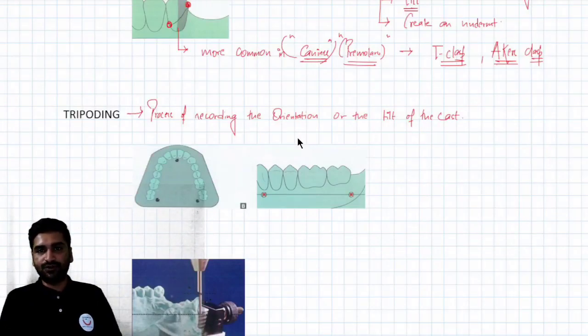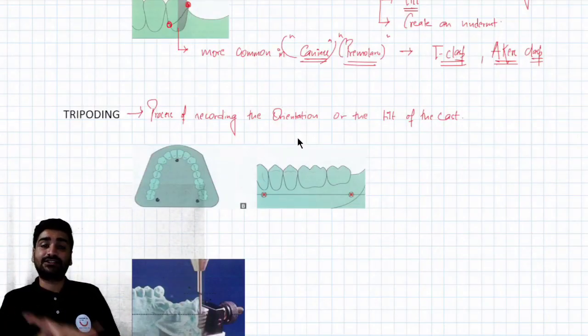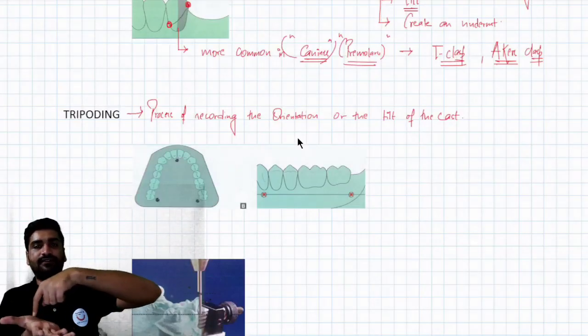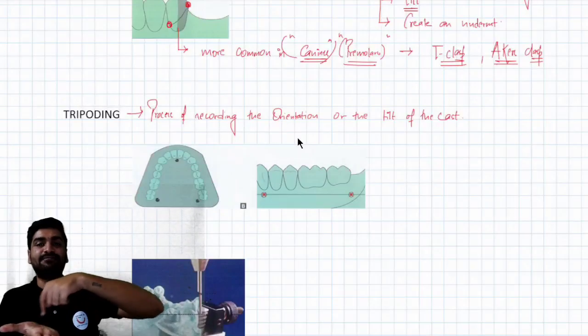Okay, so once you do the tripoding, what happens is the marks are there on your diagnostic cast. Now when you take your master cast, before placing the master cast on your cast holder, you orient your surveyor according to these 3 marks.